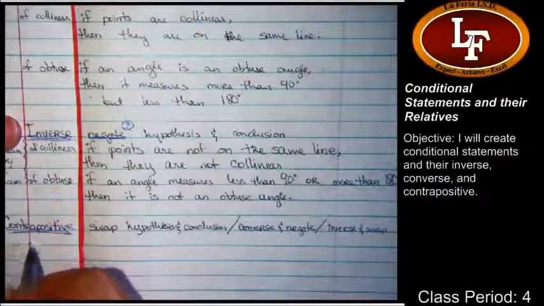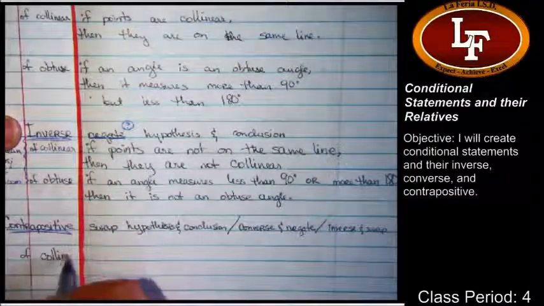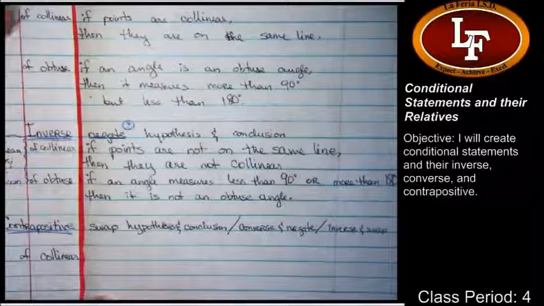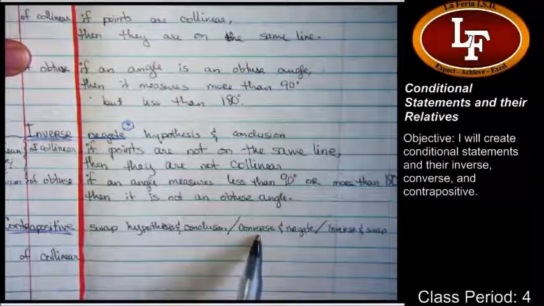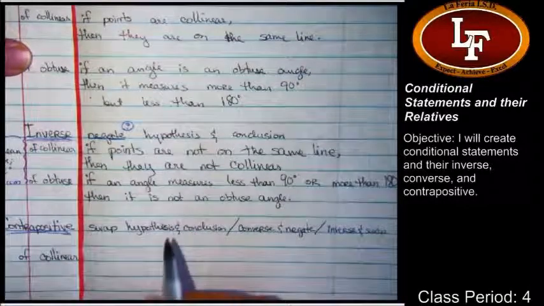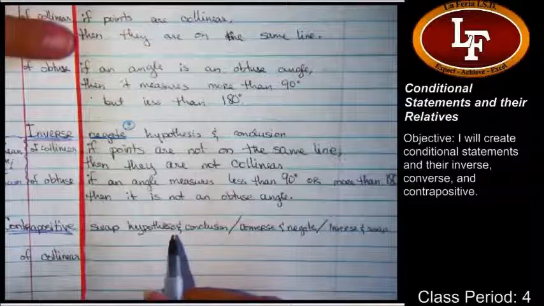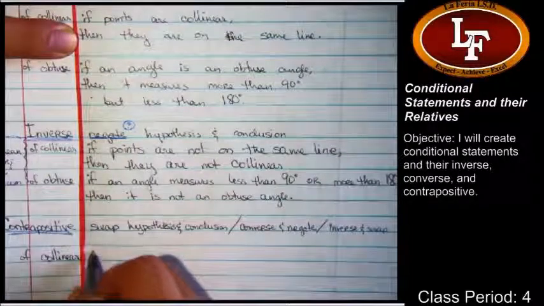So let's write the contrapositive of collinear. And I'm going to start with the converse. So starting with the converse, I negate the hypothesis and the conclusion. So the hypothesis here of this converse says if points are collinear.